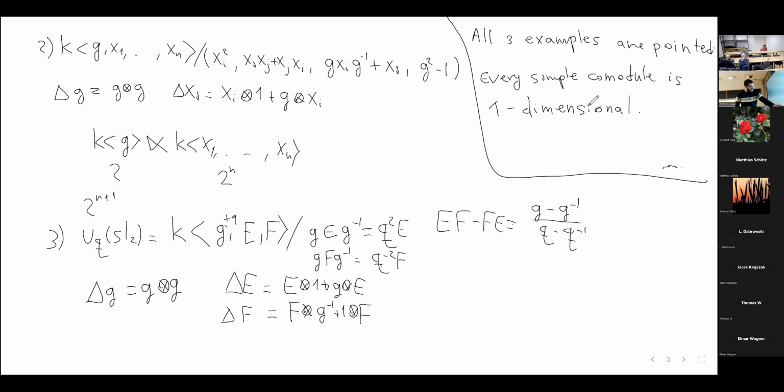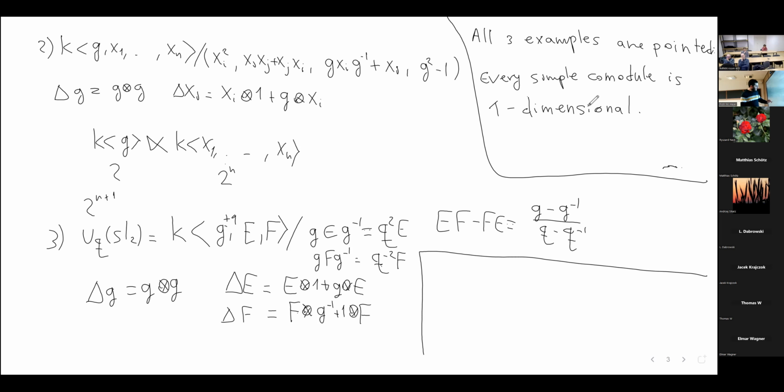Okay, and also notice that in all the examples that I gave you here, the things that generate all these algebras are group-like elements, that is, elements that satisfy delta of g is g tensor g, together with some, not really Lie algebra elements, but skew primitives.